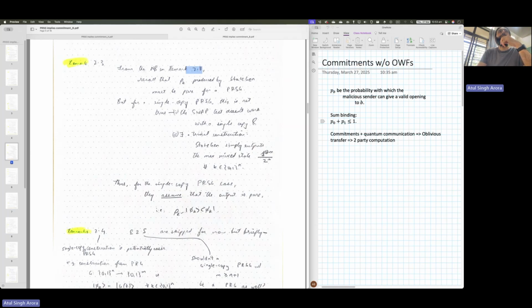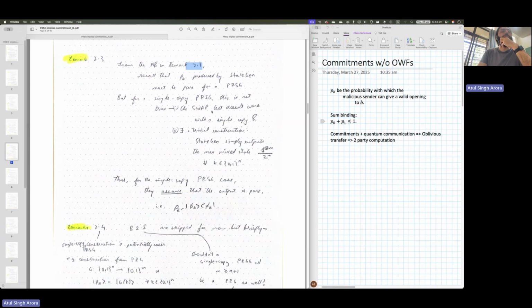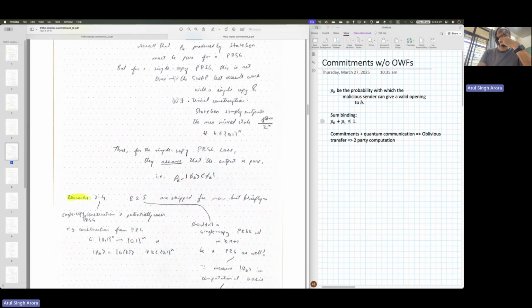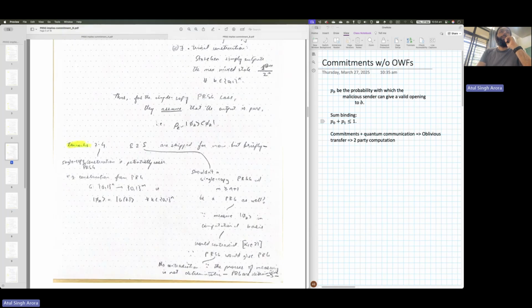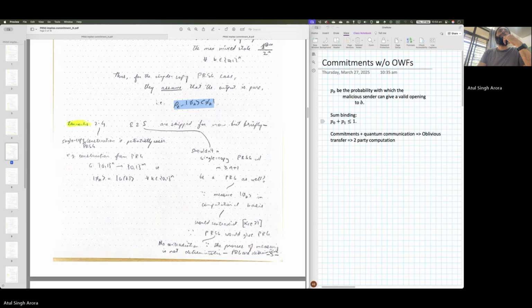This we saw in the previous remark. But for a single copy, this is not actually true, because first of all, you cannot do the swap test, since you have only one copy. Also there's a trivial construction: the state gen operation simply outputs the maximally mixed state. So for the single copy PRSG case, it is with loss of generality. You're actually assuming in this construction that the state being produced is pure.